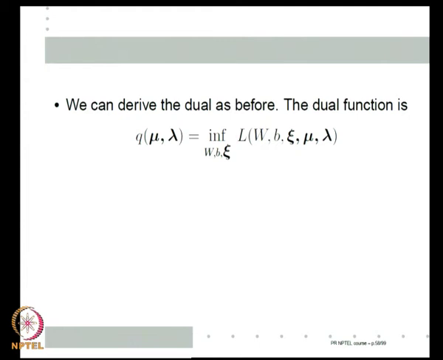So, what will be the multipliers? Now there are the mu's and the lambdas. So, Q is a function of mu and lambda. They are obtained as the infimum over all the optimization variables of the primal problem, namely W, B and Ji, of the Lagrangian function of W, B, Ji and the two sets of Lagrange multipliers mu and lambda.